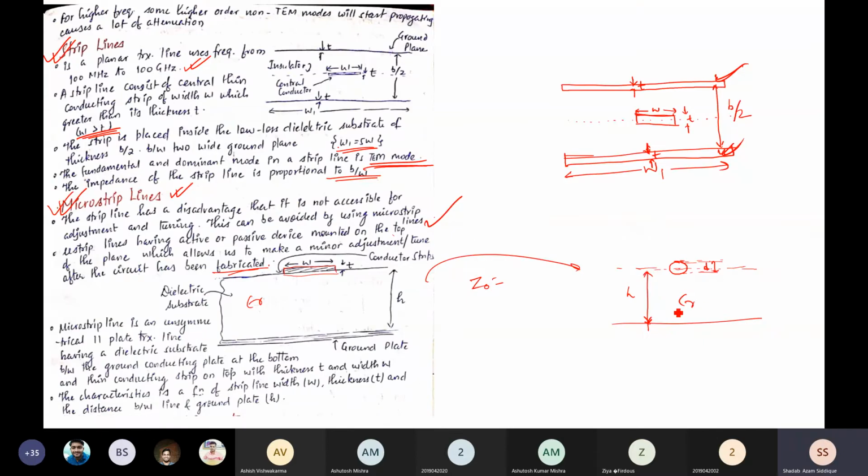This is the kind of structure which has the rectangular strip on top of the conductor, and here the circular strip.